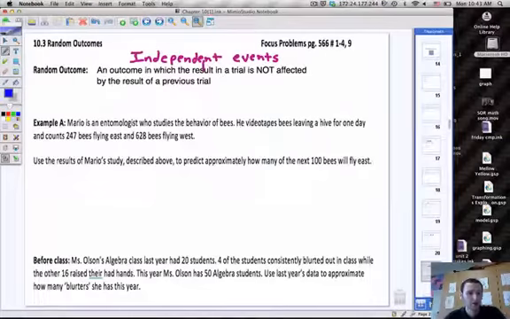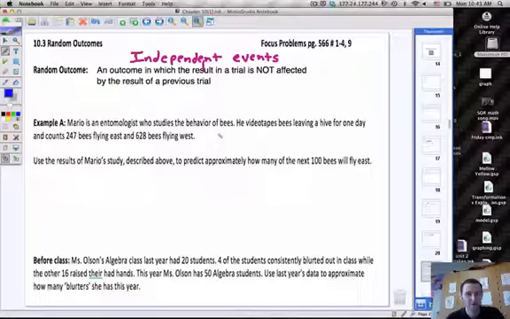Okay, so we'll look at example A. Mario is an entomologist who studies the behavior of bees. He videotapes bees leaving a hive, counts 247 flying east, 628 flying west. So if we're going to find the experimental probability of a bee chosen at random to fly east, we first need to figure out the total number of bees.